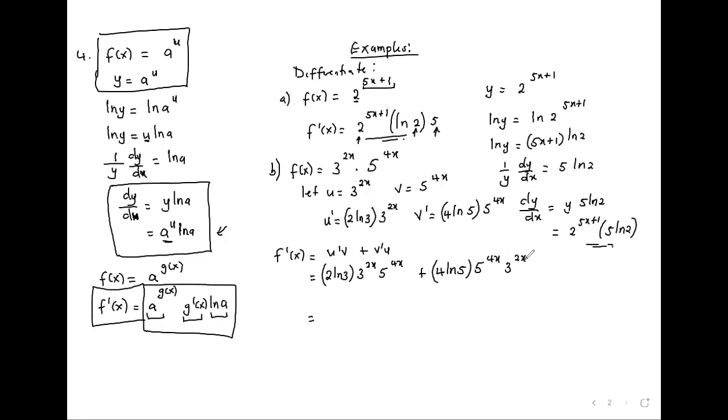If you want, you can actually factor out the function. Say, okay, 3^(2x) is common, 5^(4x) is common, and then we'll have 2 ln 3 plus 4 ln 5, like this. So just a reminder on how you differentiate such functions.